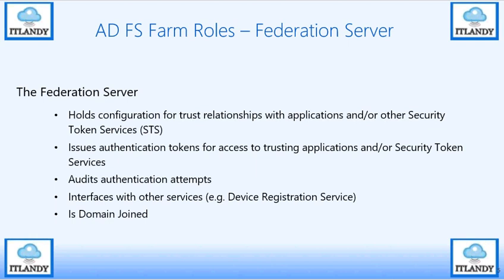So again, we keep referring to this one. It must be domain joined. First of all, the federation server comes with the ADFS role. What we need to do is, on Windows Server, go to add remove features and install the federation role. And generally ADFS is known as the security token service, STS.